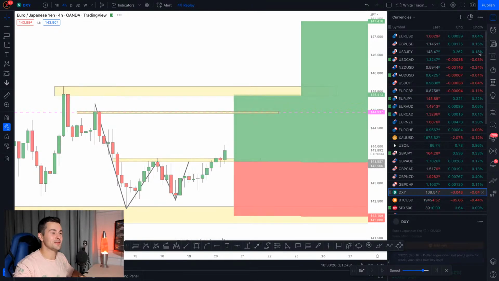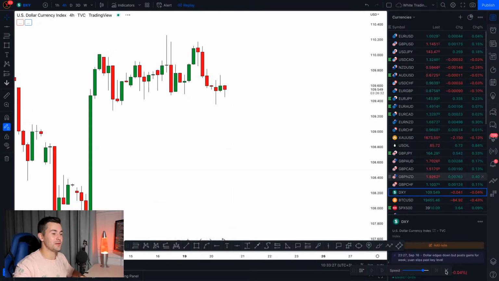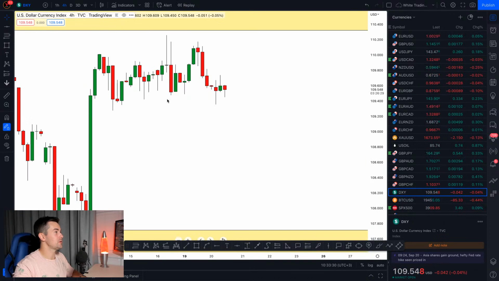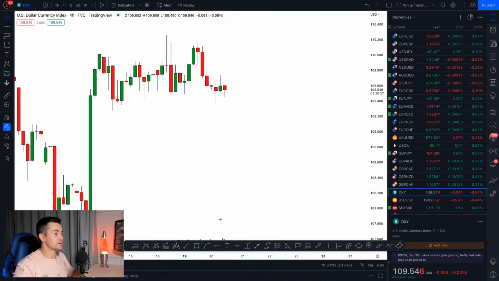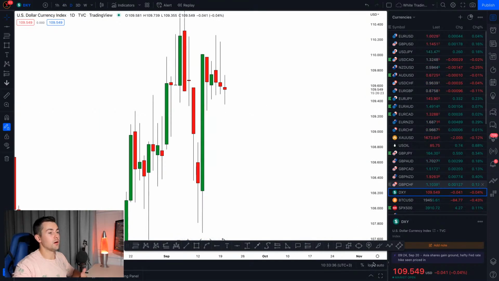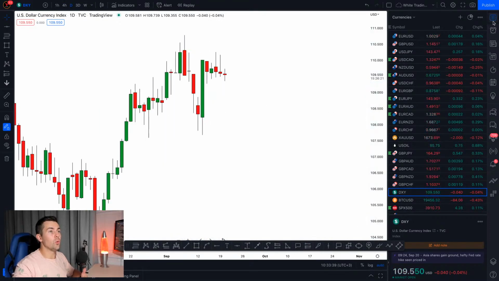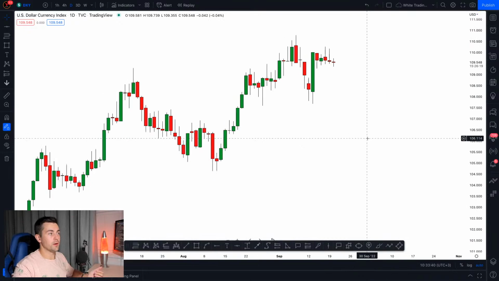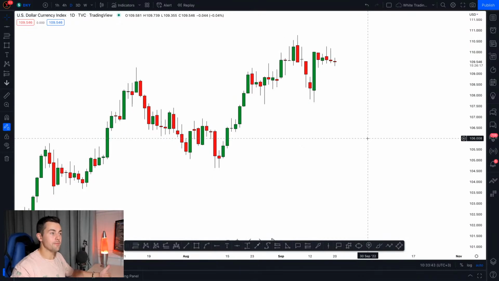So let's take a look at dollar index. Let's discuss what is the situation there. So traders, no matter what market you analyze, you always start your analysis with higher time frames. Higher time frames show you what is really happening with the market and where the market is going.